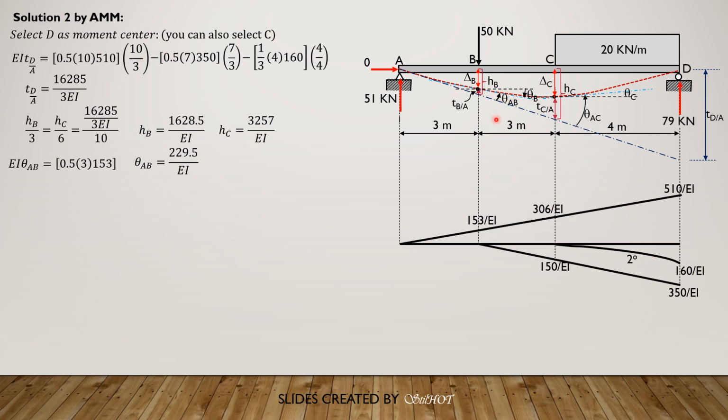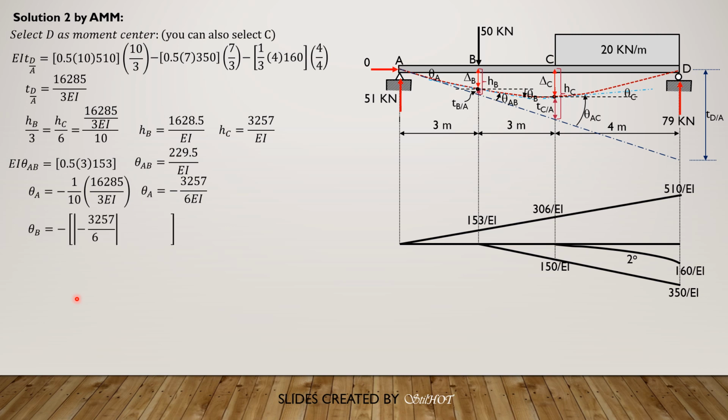counterclockwise. And theta A is bigger in magnitude than theta AB, so therefore theta B is negative, because theta A is negative. Take note, it's below the positive x-axis, theta A. So from the figure, theta A is negative 1 over 10 of the deviation of D relative to A. So it is equal to negative 3257 over 6 EI, which checks the value of C sub 1 in the double integration method.